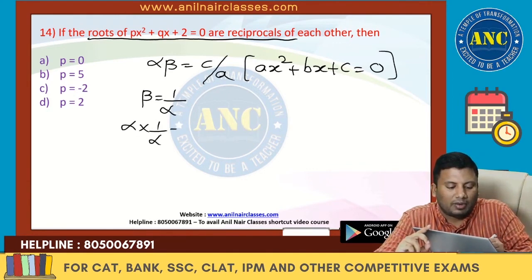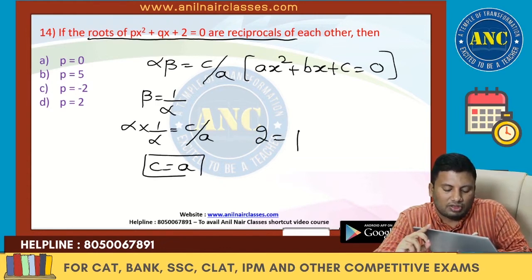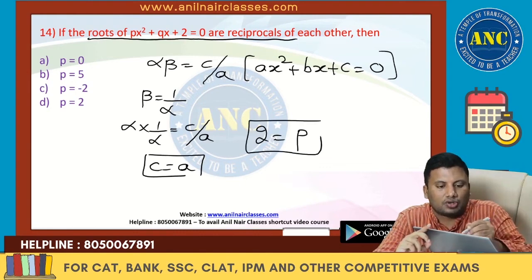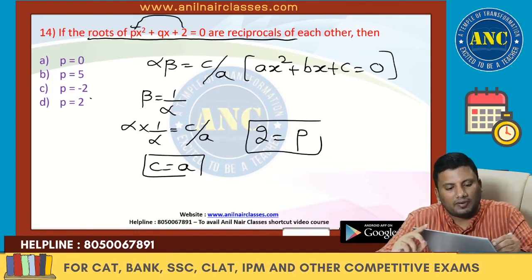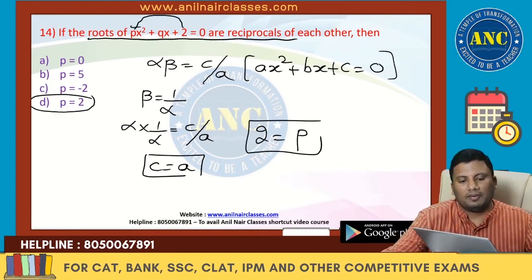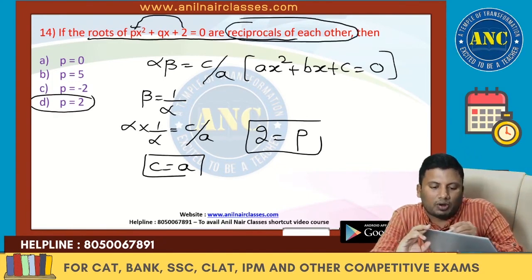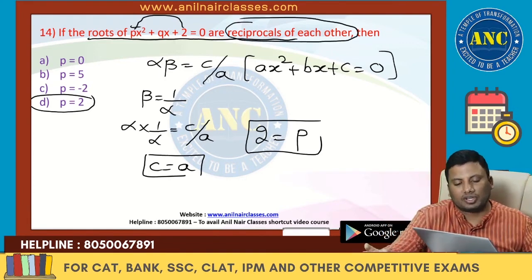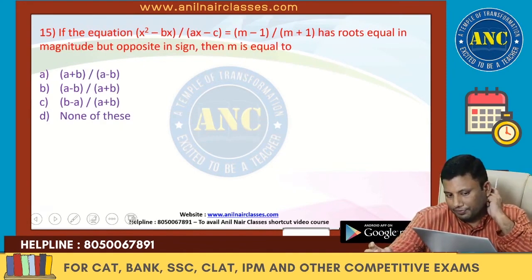Alpha into 1 by alpha is C by A, so C is equal to A. So here 2 is P. The constant should be equal to the coefficient of x square. So P value is 2. Very easy question, based on the reciprocal of the roots.